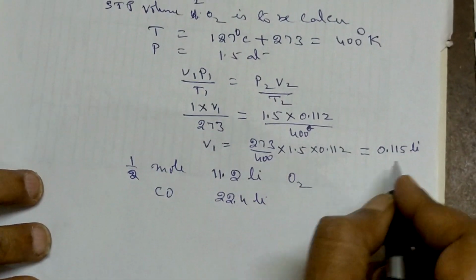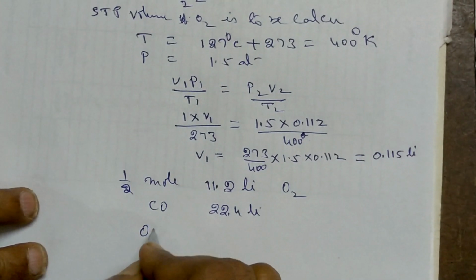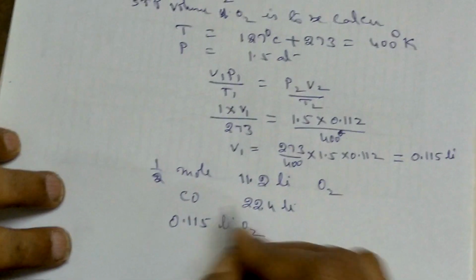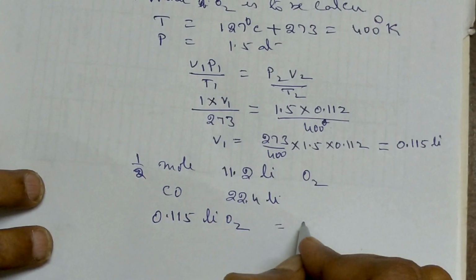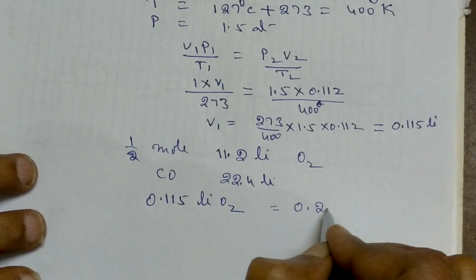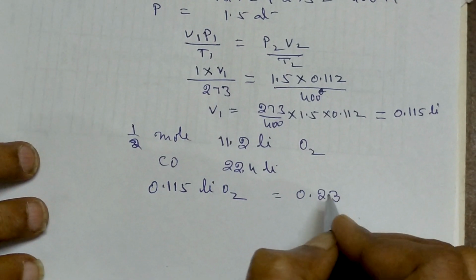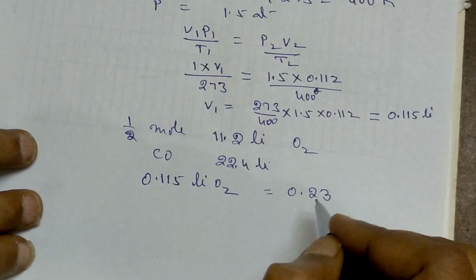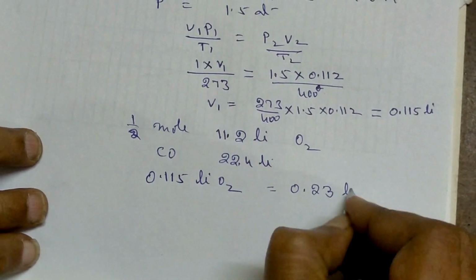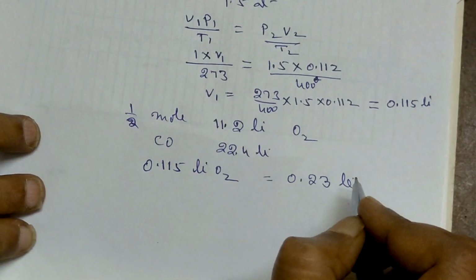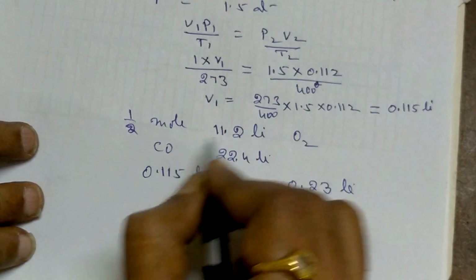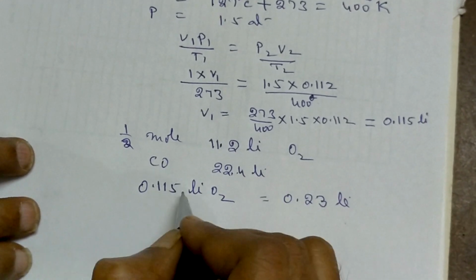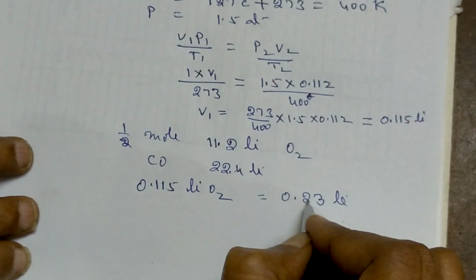But our oxygen volume is 0.115 liters. That means it is double, nothing but 0.23 liters. That is the answer, because it is just double. It is 22.4 by 11.2 into 0.115, nothing but 0.23 liters.